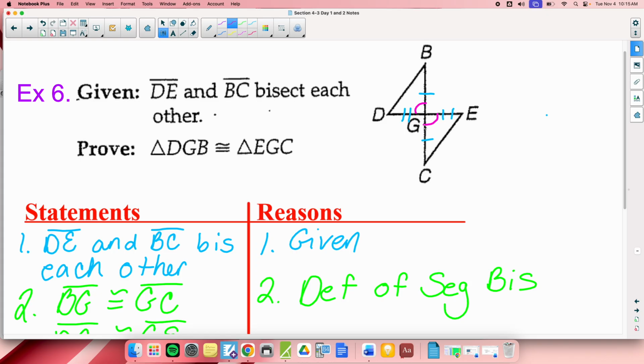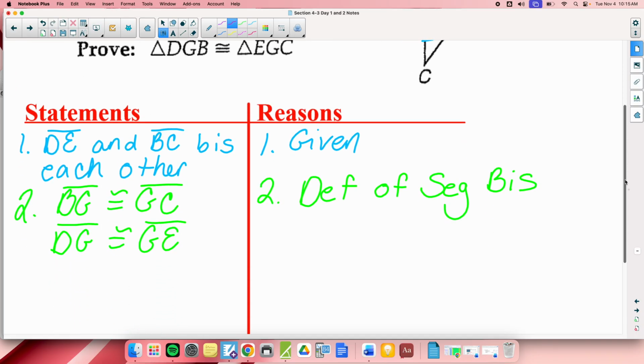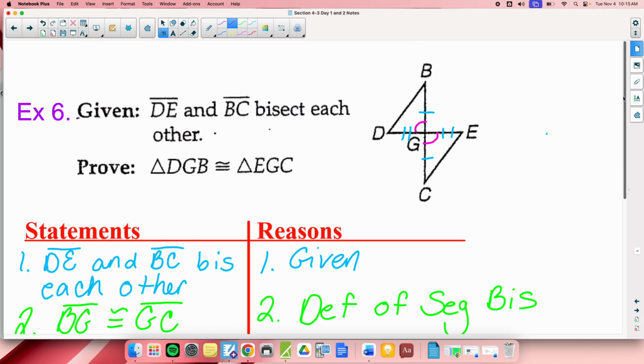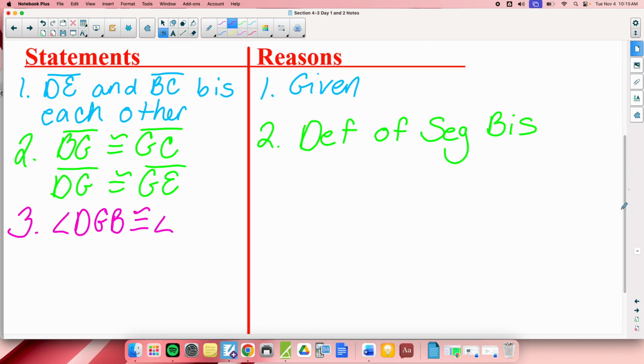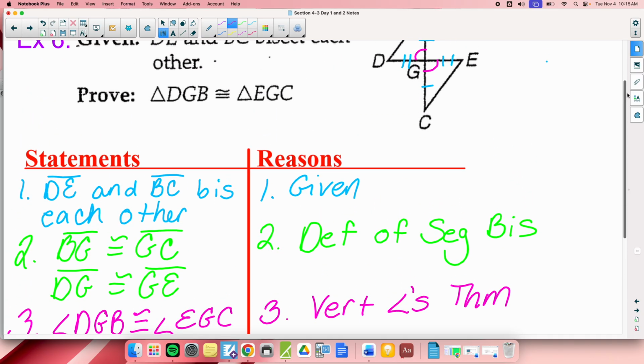So we could say angle DGB is congruent to angle EGC. Okay? Those are vertical angles, and what we write is vertical angles theorem.